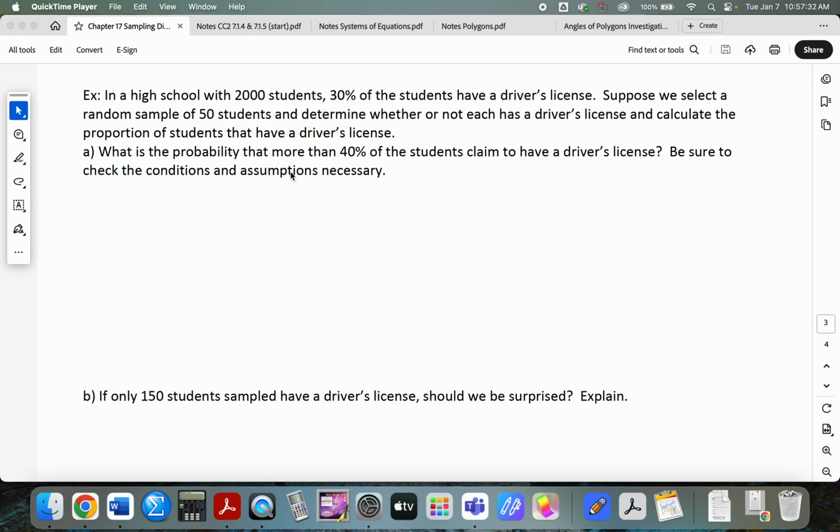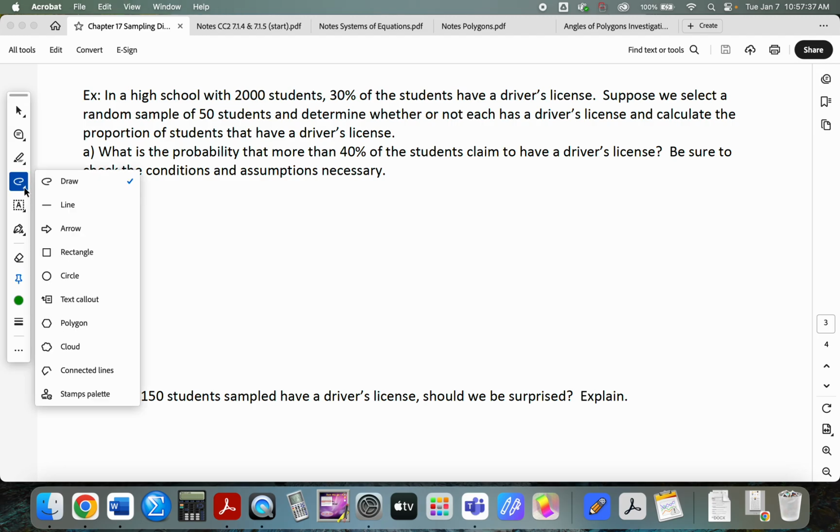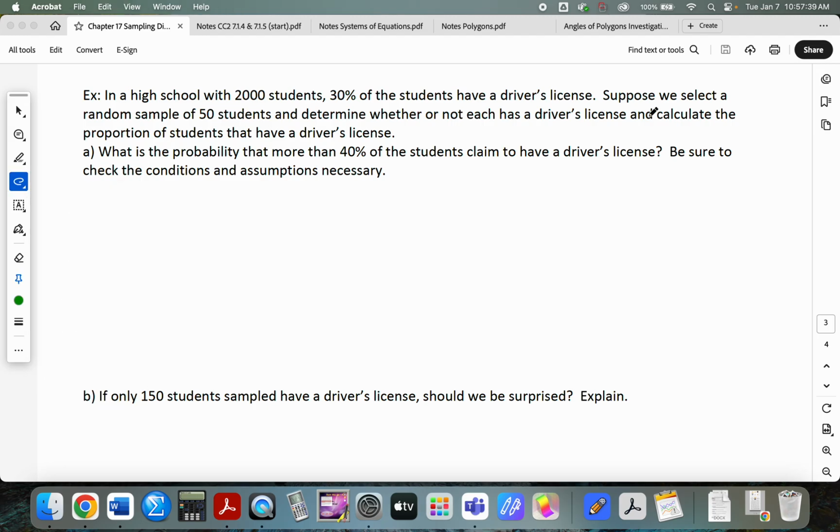So, is this random? Well, it says right at the outset. Yes. So, 1, the problem specifies that we select a random sample.